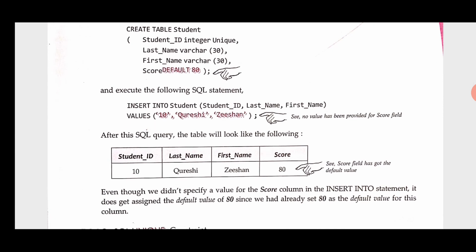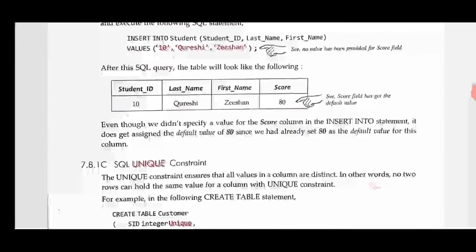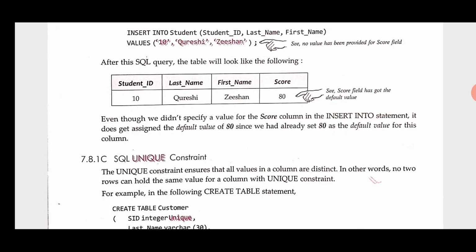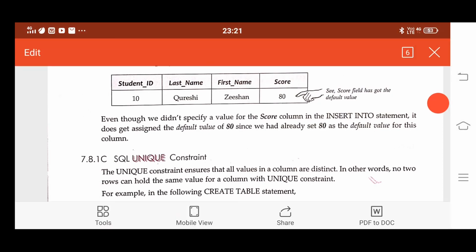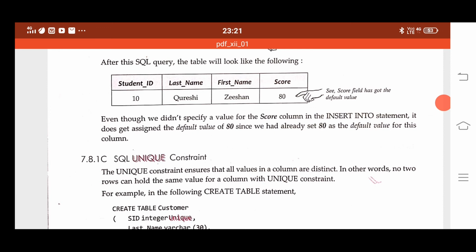And at the time of value insertion, the insert statement is given: INSERT INTO student ID, last name, first name, and according to that values are also given: 10, Qureshi and Jishan. So here we can see in the output window that a score is also there, but at the time of value insertion we are not inserting a score, and here we can see in the output a score value is given.